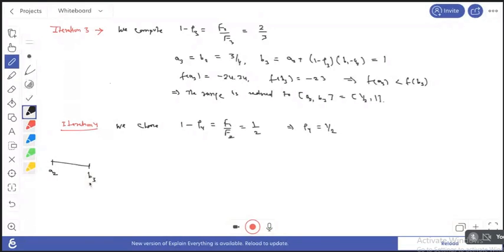And in between these two, this point is A3. This value of the A2 point is half, and this point is 1. And what is your value of A3? A3 is 3 by 4. A3 is 3 by 4.